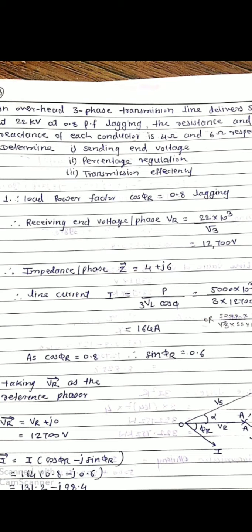The line current I is equal to P divided by 3 VL cos phi.